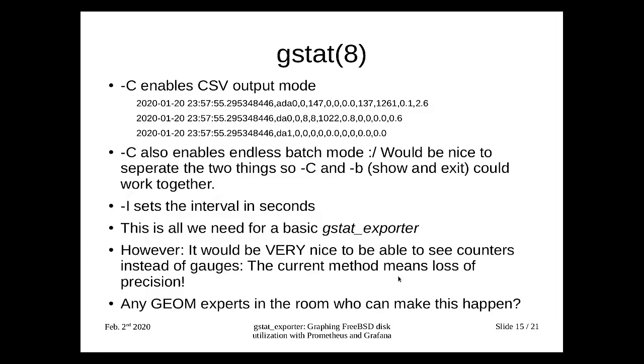And if you had the counters instead, Prometheus would be able to, it doesn't matter if you read every 5 or 10 seconds, then you would get all the information. And I'm not a C person, but looking at the code, it looks like it is counters when it comes out of the kernel, and somewhere it is converted to the human-friendly display that we see in gstat.